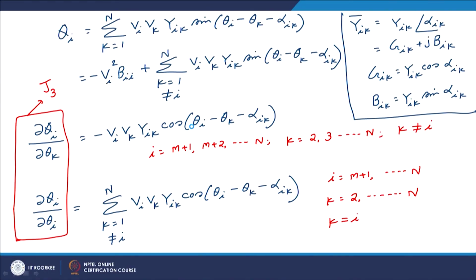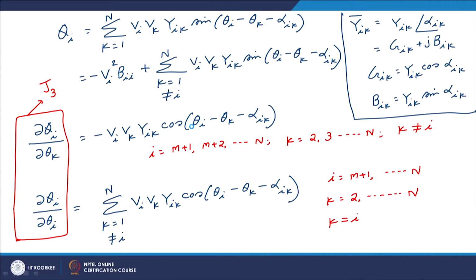Similarly, if we look at the expressions of J3 also, for this also only those terms would be non-zero for which bus i and bus k are directly connected, and here also basically those terms would be non-zero where bus i and bus k would be directly connected. Now, obviously there will be some buses here where at least bus i would be directly connected to bus k.